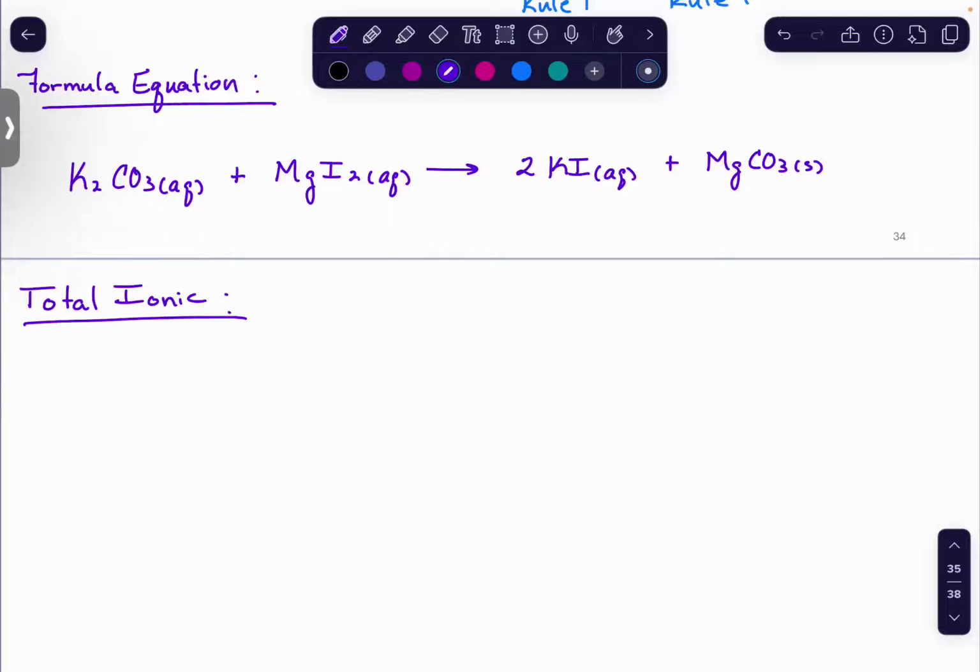Total ionic equation. Everything that's aqueous is going to split into its constituent ions. Anything that's not aqueous will not. So I'm going to have 2 potassiums, carbonate, magnesium ion, 2 iodides.